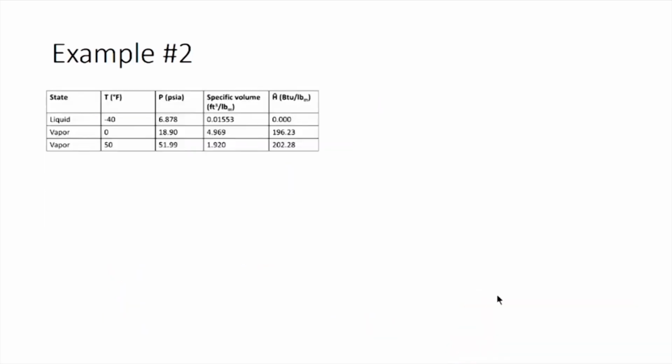So, the first part of the problem asks us to identify the reference state in this table. If you look at the first row, it is liquid, minus 40 degree Fahrenheit, 6.878 psia, and for this particular condition you have a specific enthalpy value of 0.